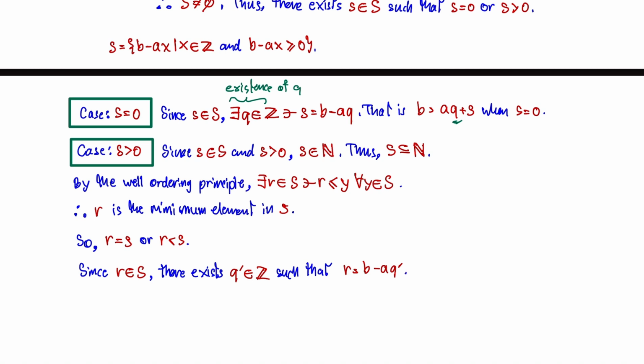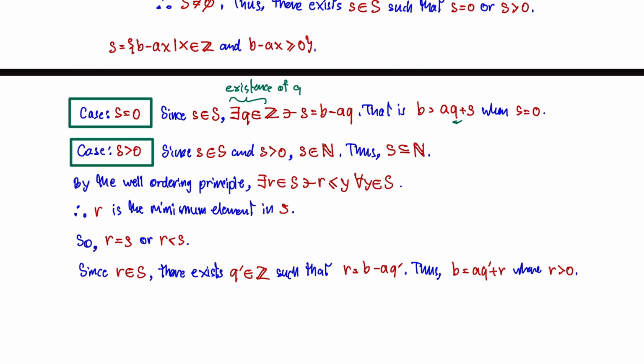So we're going to have B equal to AQ prime plus R, where R is greater than 0.